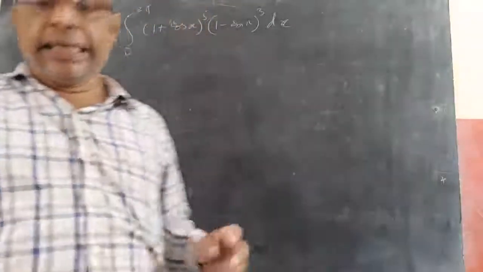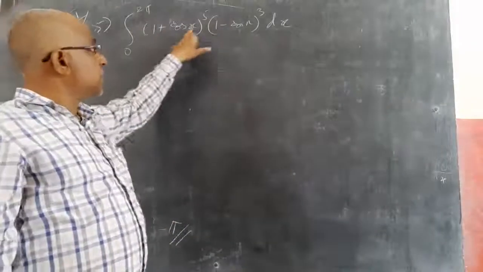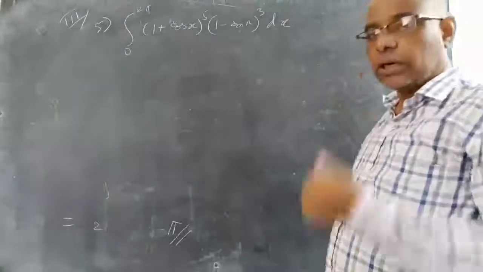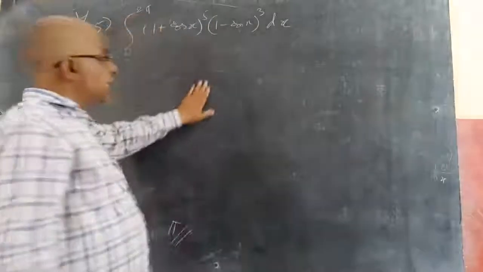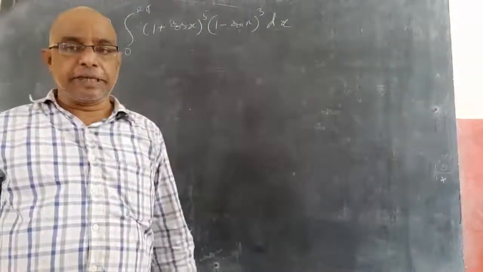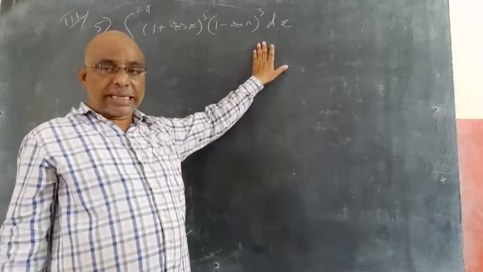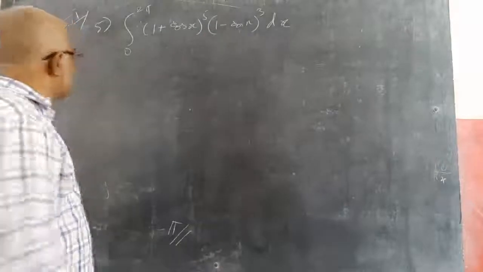Next one, integral from 0 to 2 pi of (1 plus cos x) whole power 5 into (1 minus cos x) whole cube dx. How to do this? So 1 plus cos x we can always write as 2 cos square x by 2, and 1 minus cos x we can always write as 2 sin square x by 2. We will write that first.